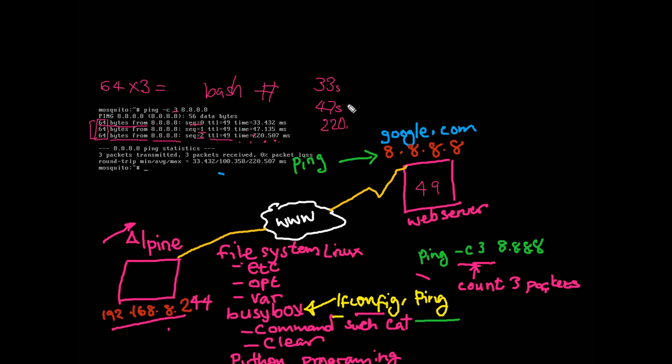So you see as the packets are going, they're getting larger and larger in terms of time. We can find out why we have this phenomenon happening when we have 64 bytes each going there. Here is just the summary: 3 packets sent, we received 3 packets, and there was 0 lost, counting the whole round trip.